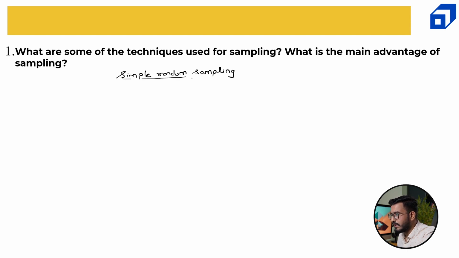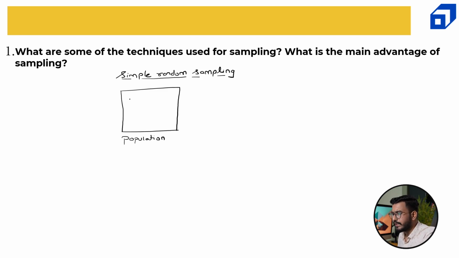In simple random sampling, let's assume that this is my population, and we have some random people.